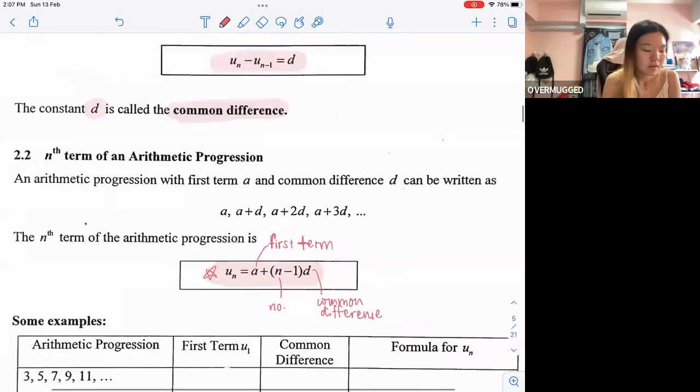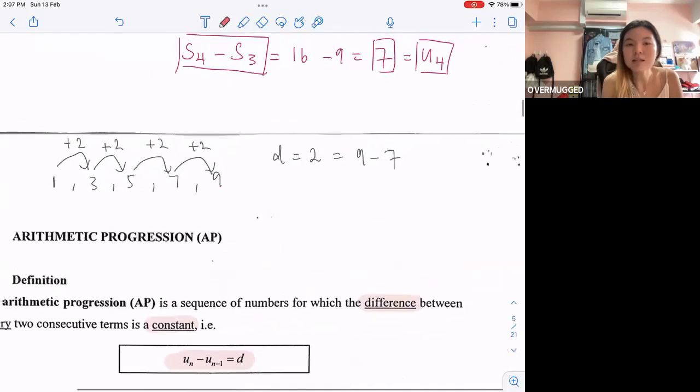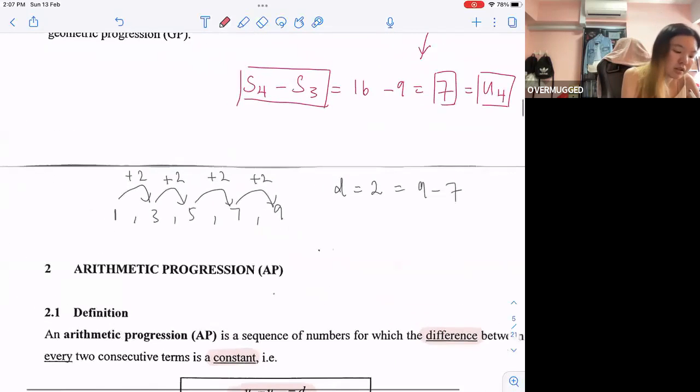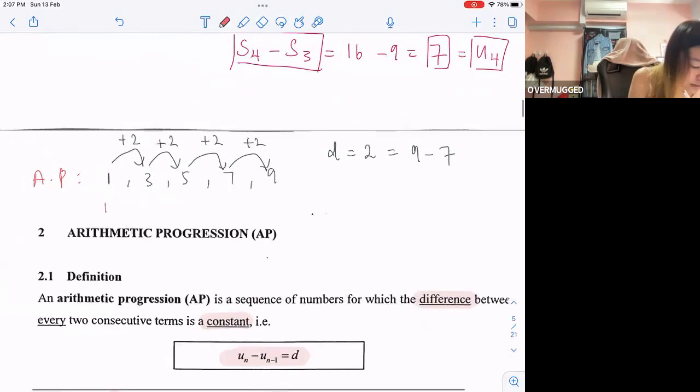So, for instance, let's look again at this example, our arithmetic progression, or AP, as we also know. This is my first term. This is my second term. So in other words, sorry, let me backtrack.